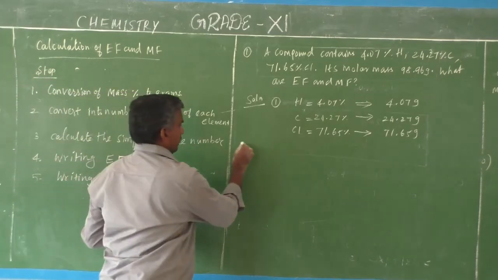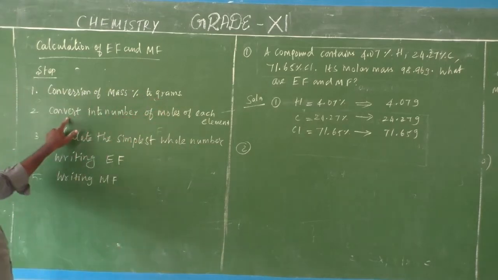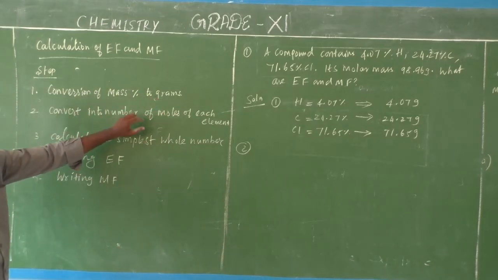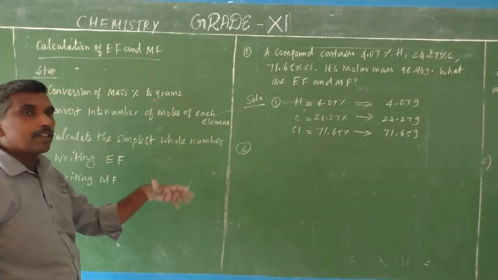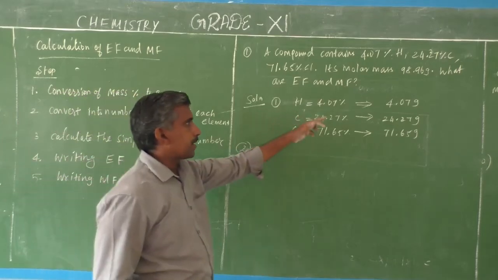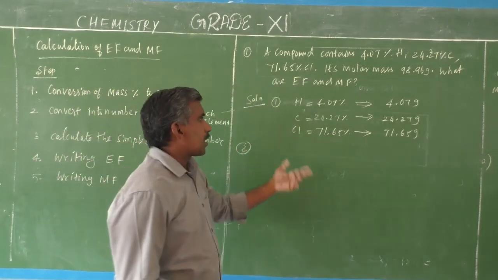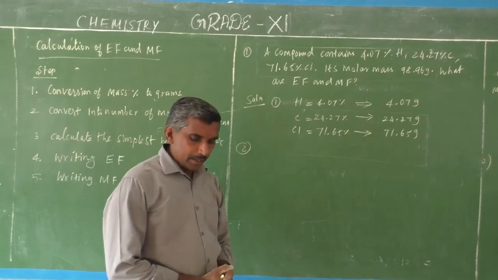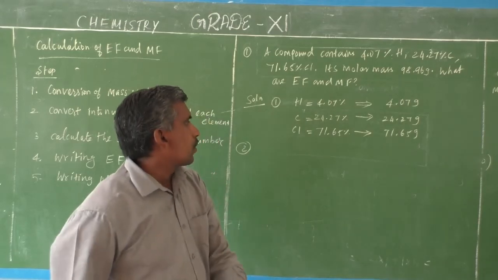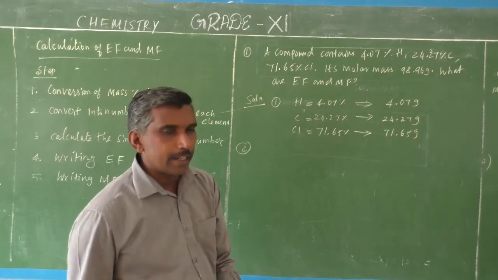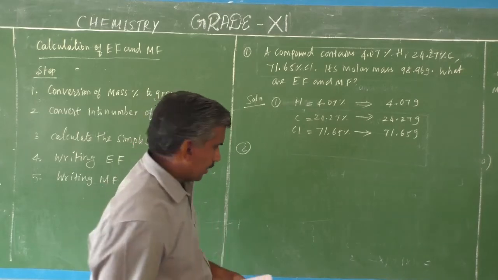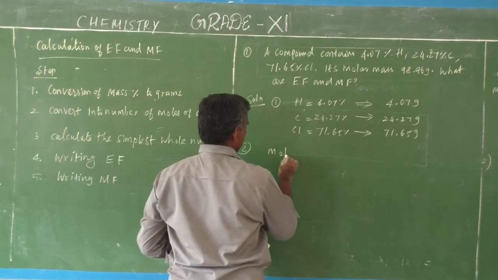Second step, convert these grams into number of moles. Hydrogen 4.07 gram is converted into moles, carbon 24.27 gram is converted into moles, and chlorine 71.65 gram is converted into moles.